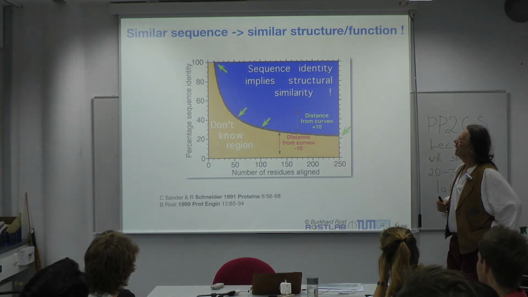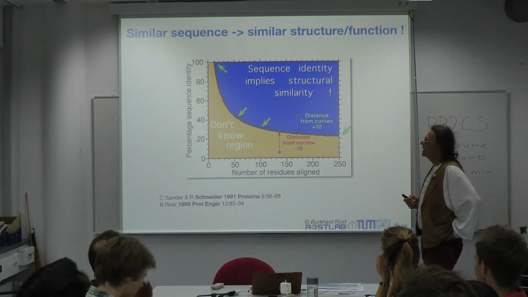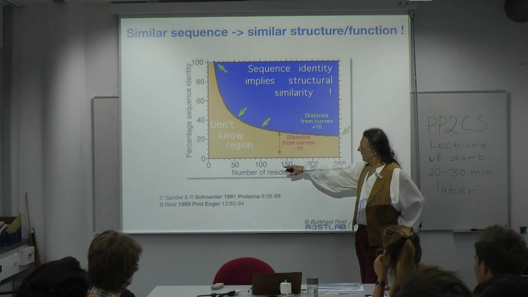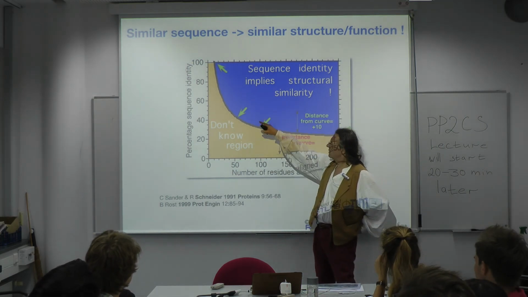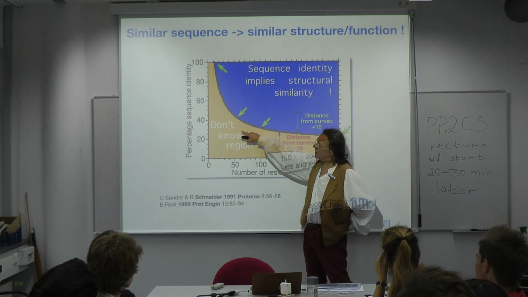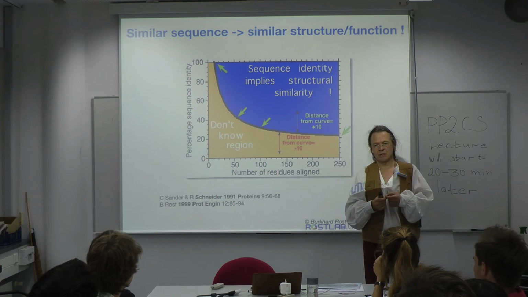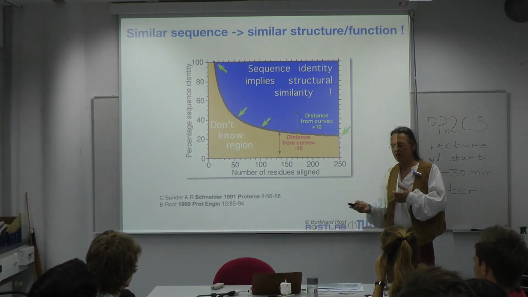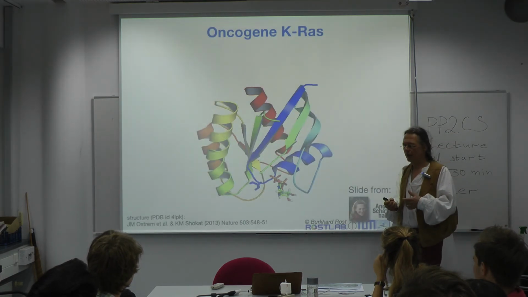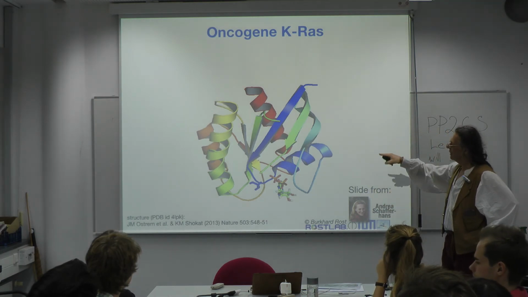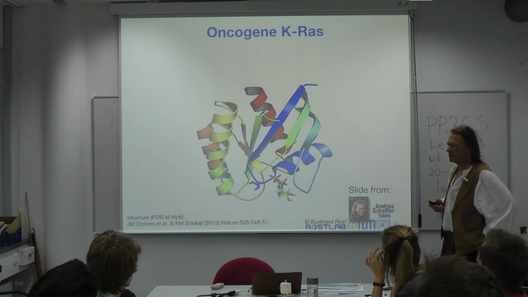Now, this idea brings us back to similar sequences have similar structures. So I said number of residues, percentage sequence identity. If you have 100 residues aligned, 33 of those identical in the blue, the two proteins essentially have a similar 3D structure, right? When we look at single changes, let's just look at a particular protein here, an oncogene KRAS. That's the way it looks. The coloring is showing you the orientation of this molecule.